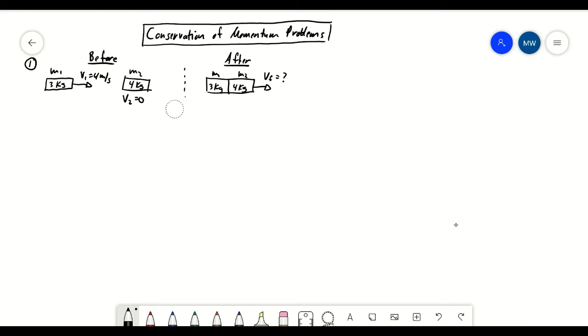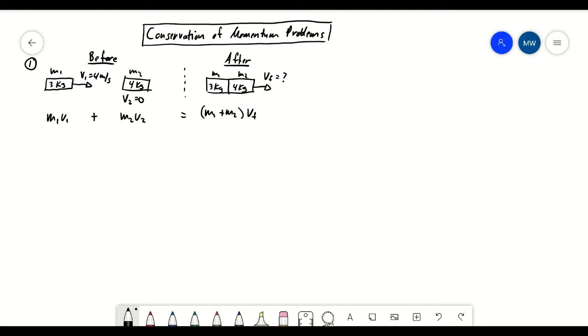So let me get rid of this. The way that I do that is I know that this has mass and velocity, mass and velocity, mass and velocity. So I'm going to write for the first one, M1 V1, plus the second one, M2 V2, that has to equal over here, M1 plus M2, they're joined together, times V final.